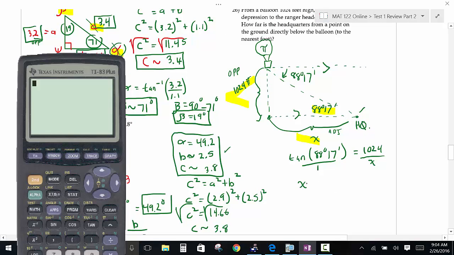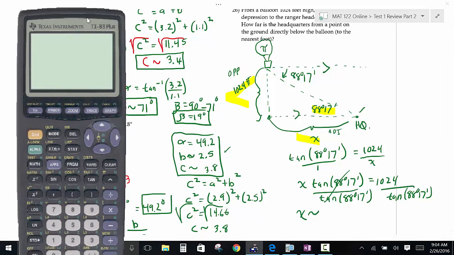So if we cross multiply it, we'd have x times the tangent of 88 degrees 17 minutes equals 1024. Then we'd have to divide both sides of this equation by tangent 88 degrees 17 minutes. And then we can go to the calculator.